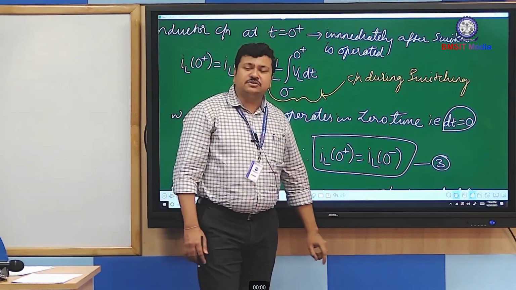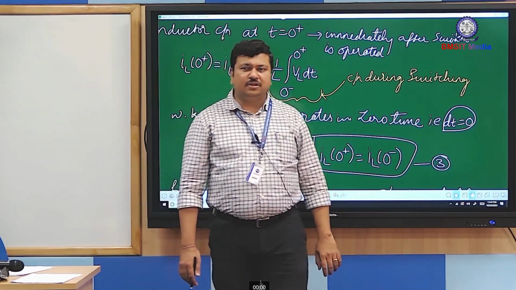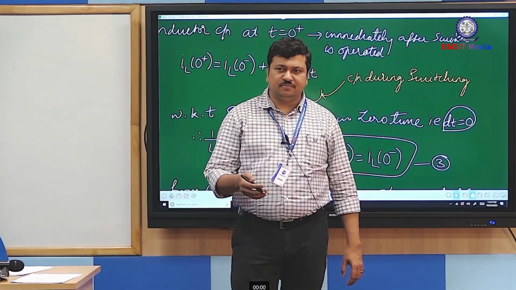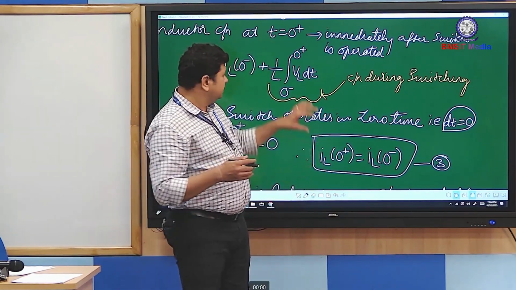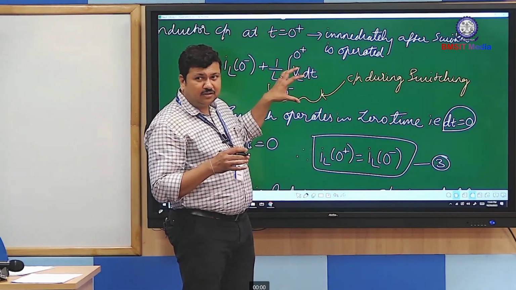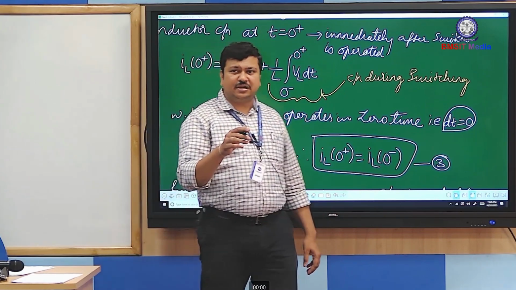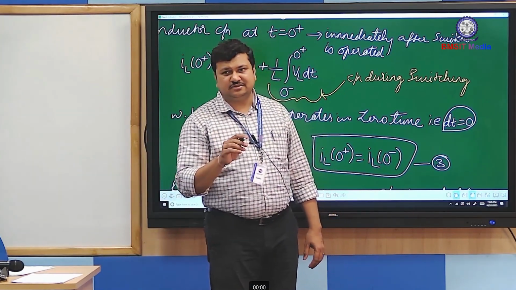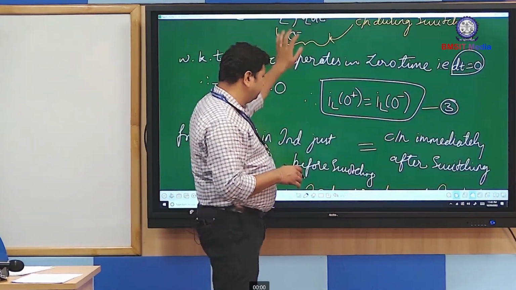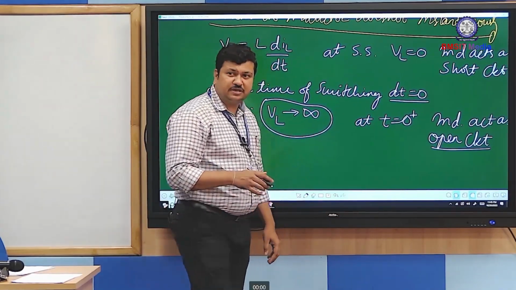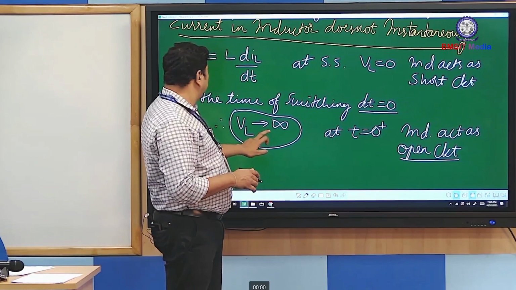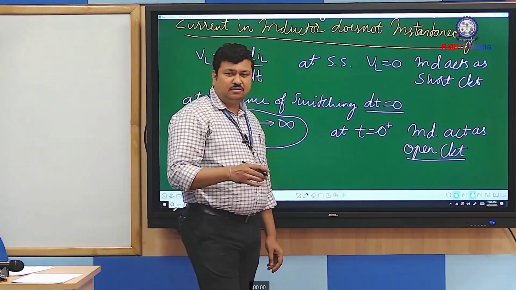When does the current become 0? When there is no path for its flow, that is, when there is an open circuit. So this is one more proof that the inductor is behaving as an open circuit during the switching condition. The second proof is that the voltage is tending to infinity during switching. So both expressions are telling me the same thing.